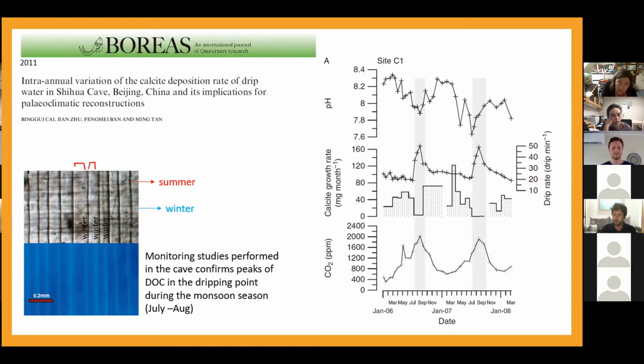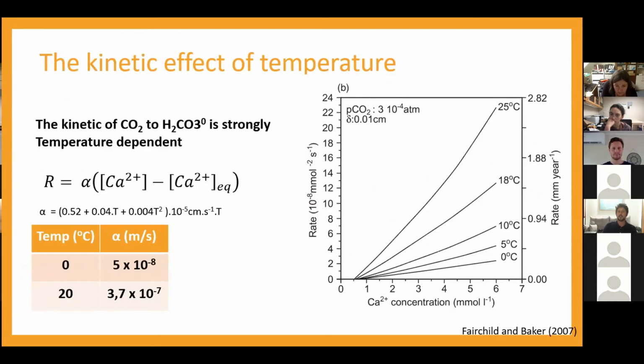As you see here, when the calcite deposition decreases, it's when KpCO2 is higher, and there is a higher calcite deposition rate when CO2 decreases again. Actually there are a lot of studies that show this effect of KpCO2 driving seasonal variations in calcite growth rate.